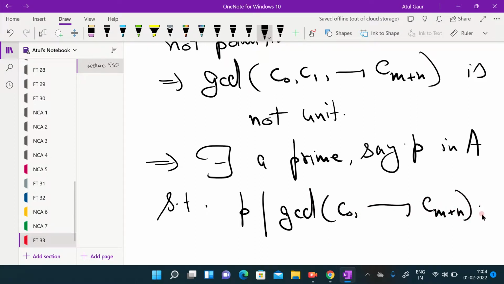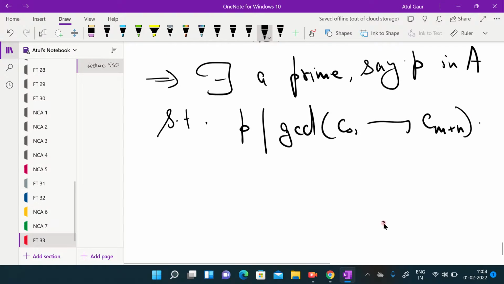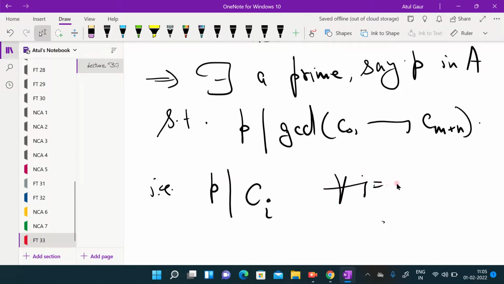ठीक है? So P divides GCD, that means P सब सारे CIs को डिवाइड कर रहा है. भाई GCD है तो पहले तो फर्स्ट कंडीशन तो यही है कि P सबको डिवाइड करना चाहिए, for all i from 0 to m plus n.